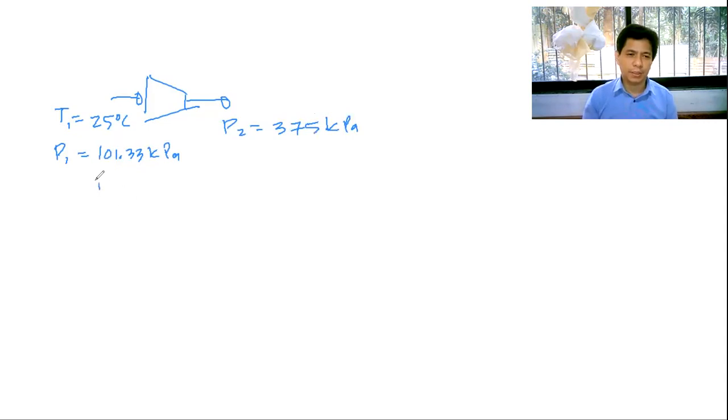So that is P2 divided by P1 is equals to T2 divided by T1 raised to K over K minus 1.